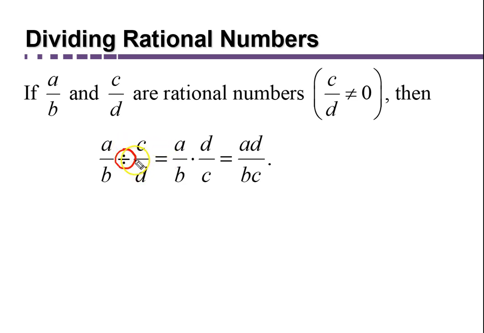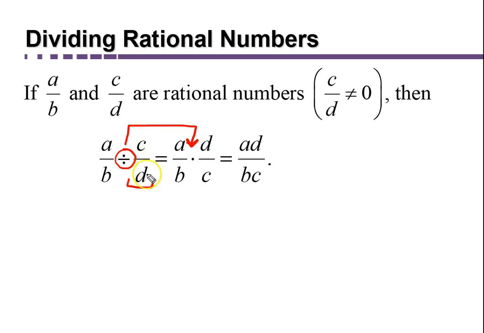Now the protocol for dividing fractions is to convert the fraction from a division problem to a multiplication problem. The first term, the first factor here, stays the same. We change the sign from division to multiplication. And what have we done to the second factor here? We've flipped it.